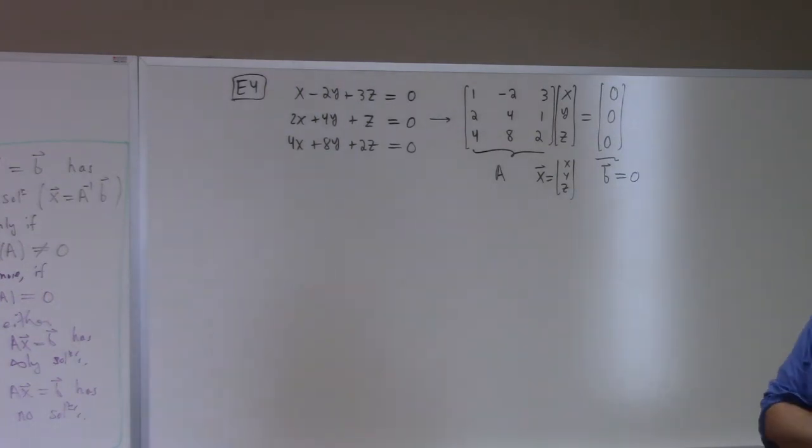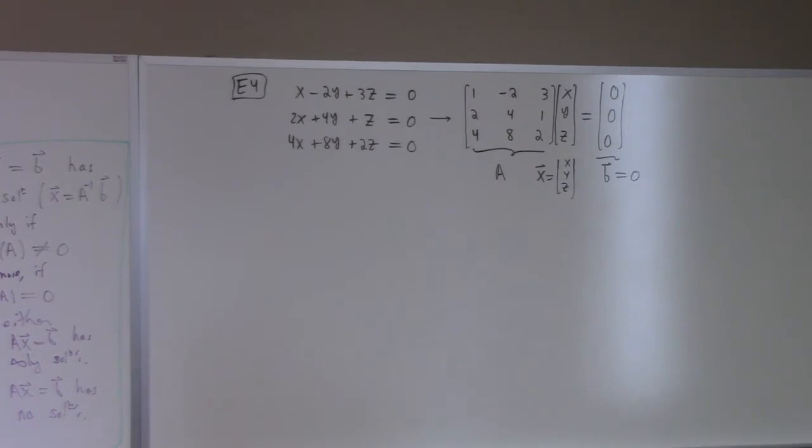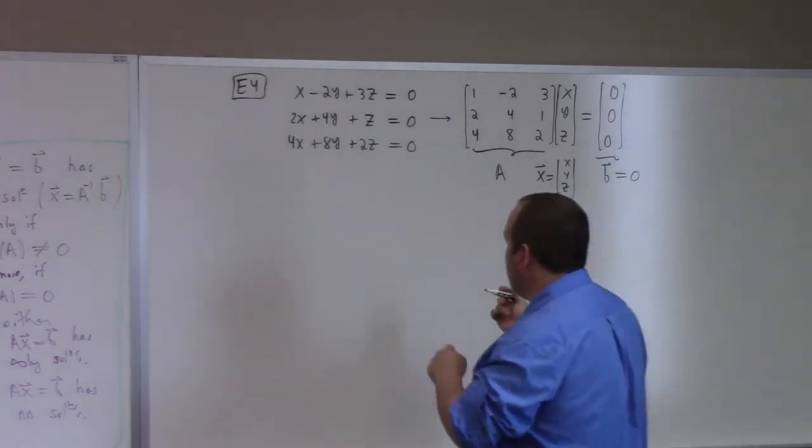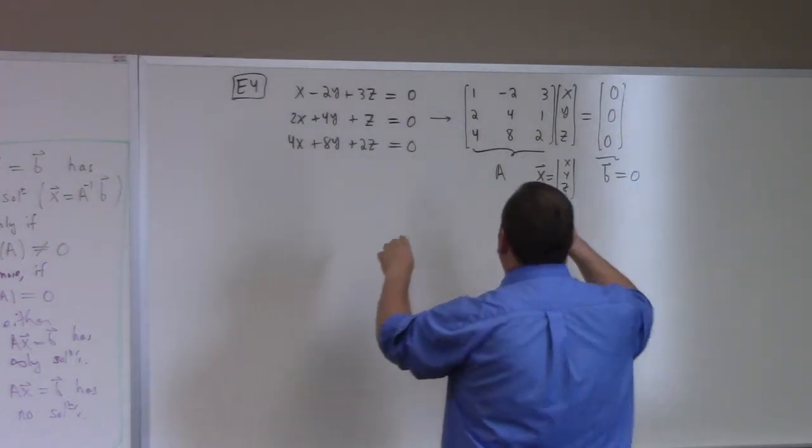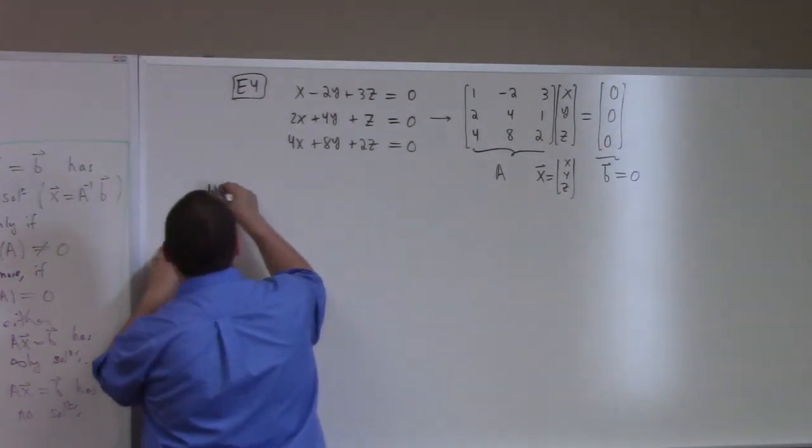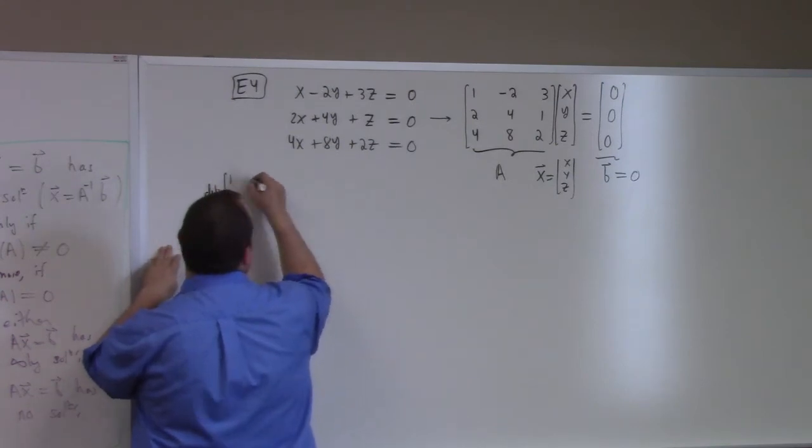So what's the determinant of that matrix? I can tell you it's 0 without further calculation, but I know things. I guess what you guys probably would do at the moment is to just calculate the determinant directly. Then I'll tell you how I knew.